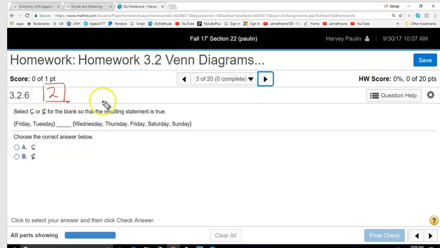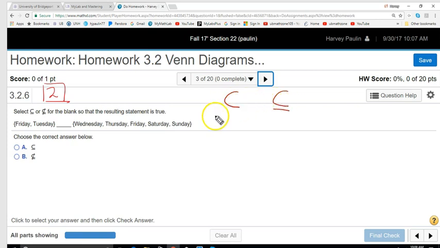Now, as we review symbols, kind of an elongated C, this is a subset. This is also a subset. So what's the difference between these two?